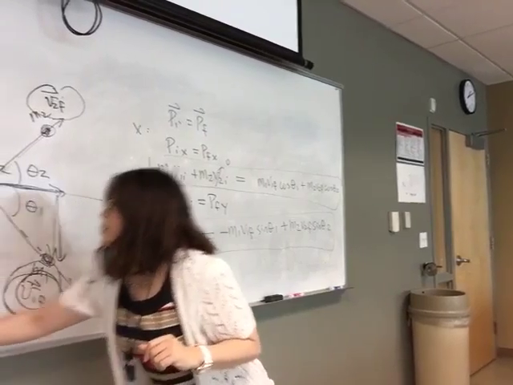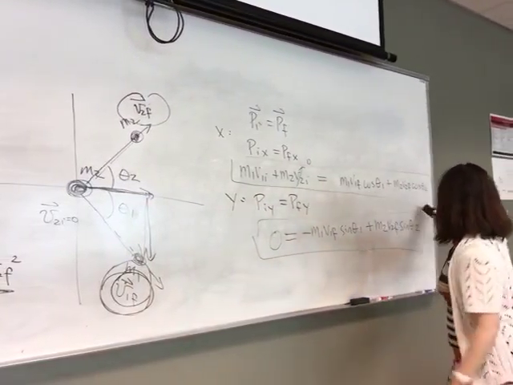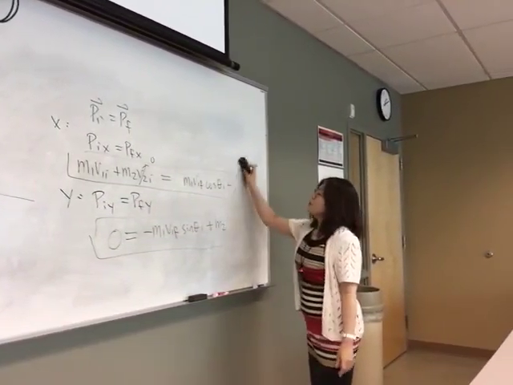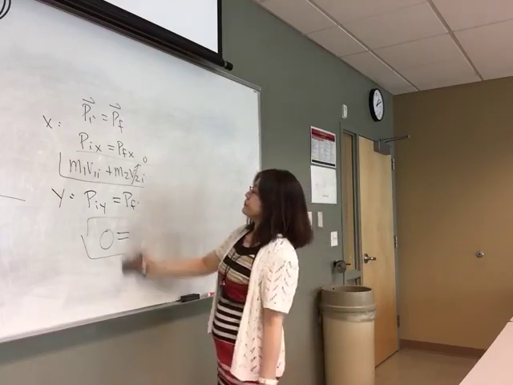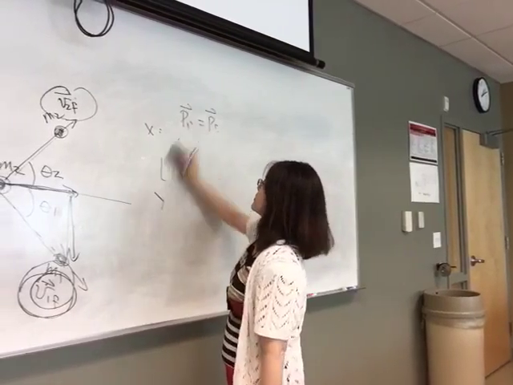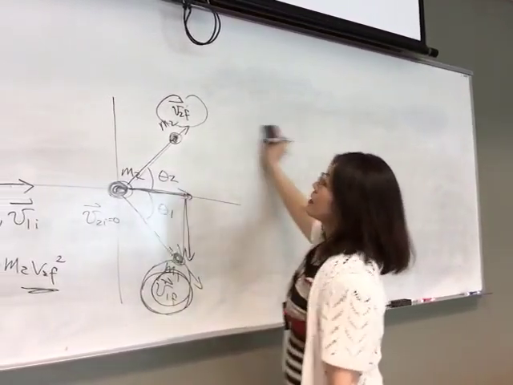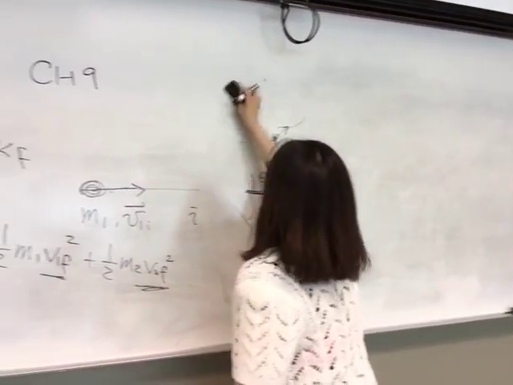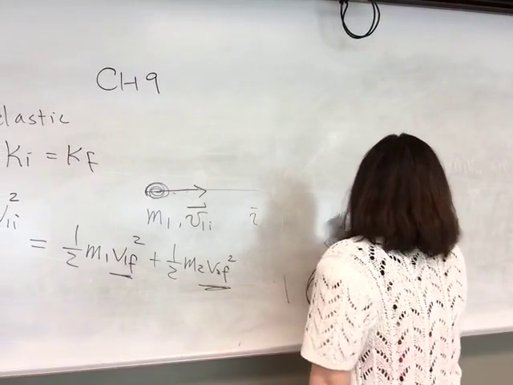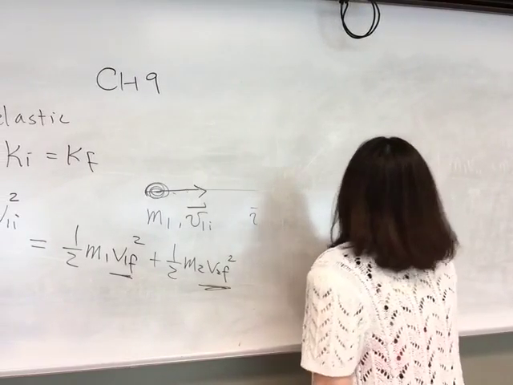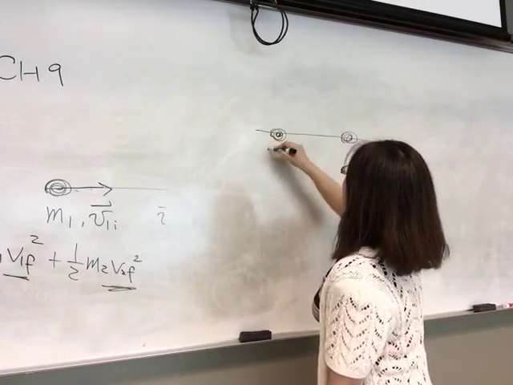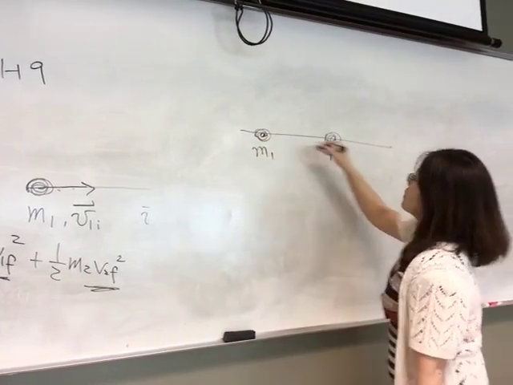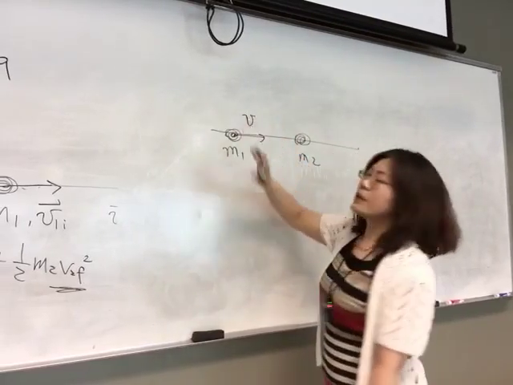So, I want to do another example. When you have a completely inelastic collision. So, let's say you have two particles before collision, M1, M2, and now I'm just doing the one-dimensional case.